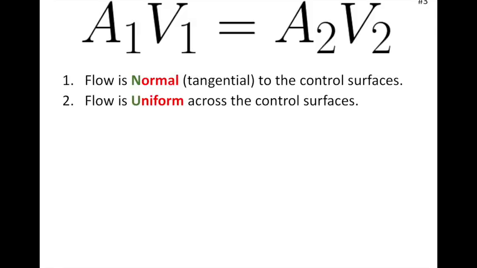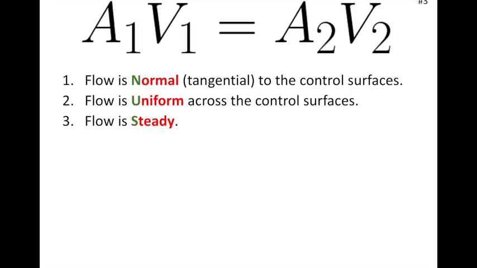Similarly, flow must be uniform across the control surfaces because we don't have some type of an integral that is reflecting how velocity is changing along that control surface. We just have a V, right? So we must have flow that is uniform across the control surfaces. We don't see anything changing with respect to time. The partial with respect to time is gone.